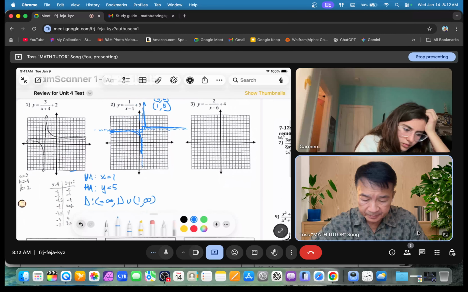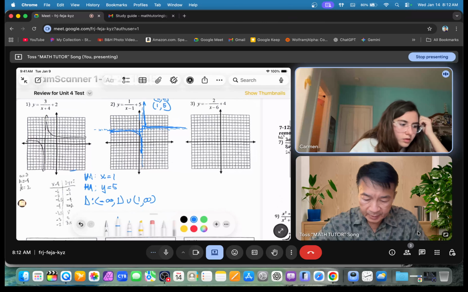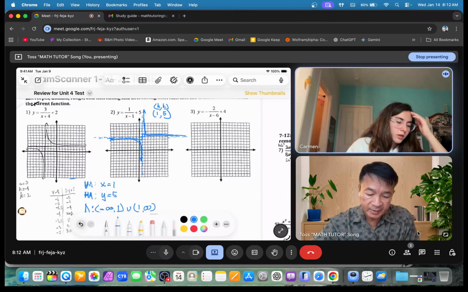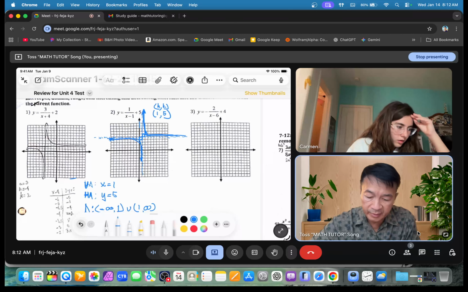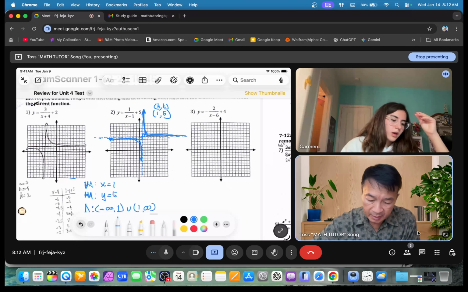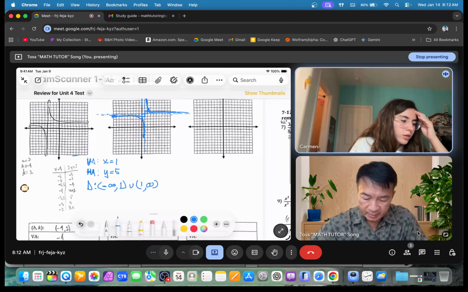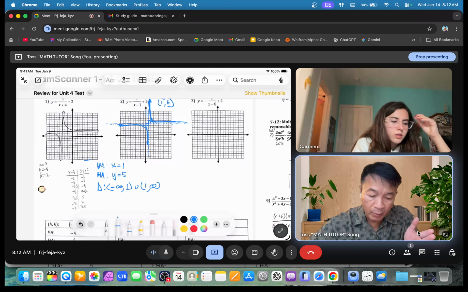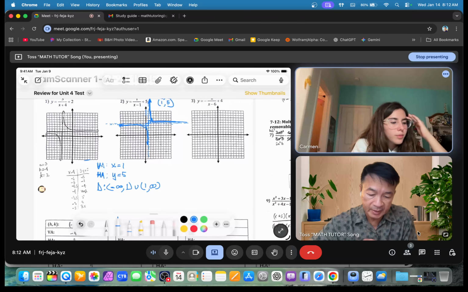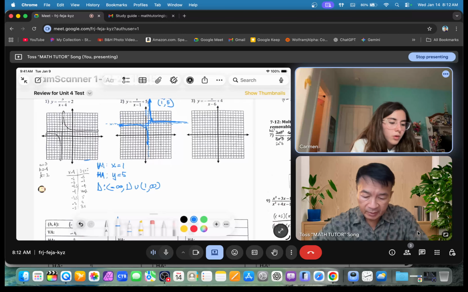It's all the x's that exist on the curves. The curves are split up. The first one goes infinitely negative, then gets to 1 from left to right, and then from 1 to positive infinity.